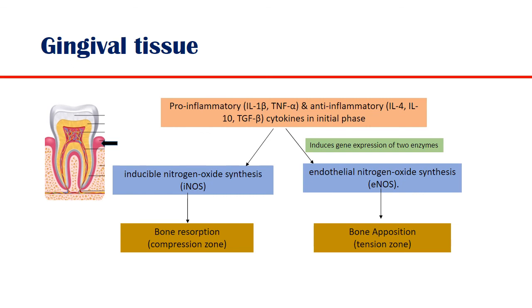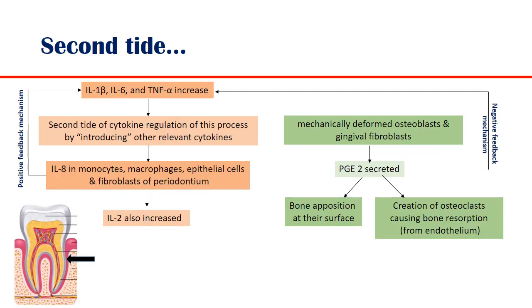When you talk about the gingival tissue, that also takes its brunt, and nitric oxide synthesis is an important mediator in the gingival tissue. In the initial phase, it forms these two enzymes, and they can cause both resorption and deposition. There is another second type. These are the primary messengers, okay?